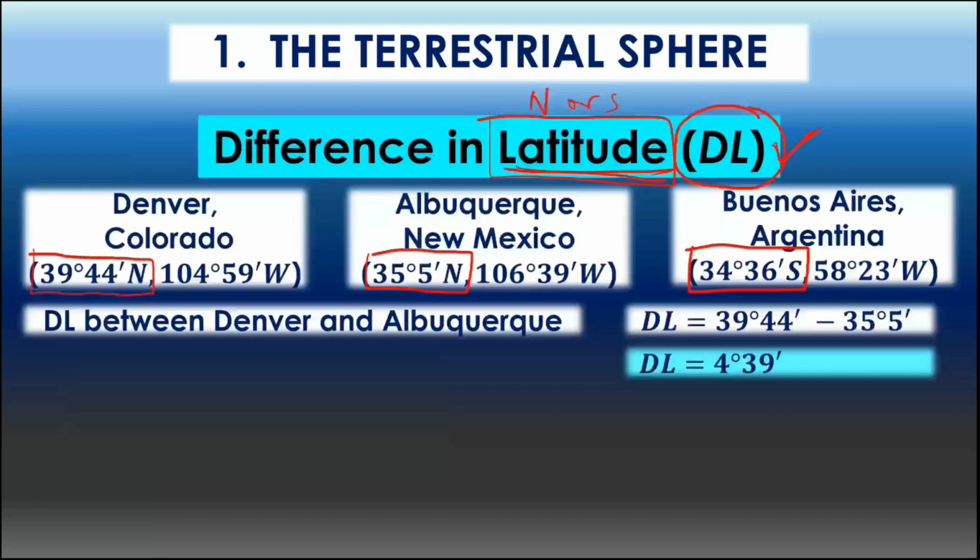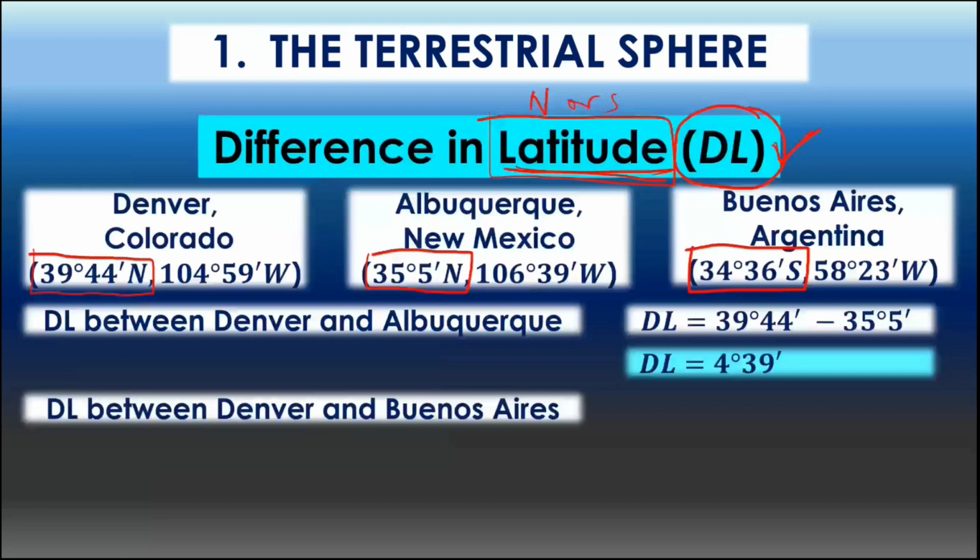Next, how about the difference in latitude between Denver and Buenos Aires? Looking at the latitude of Denver, it is on the north, and then Buenos Aires is on the south. So if the two latitudes are on different hemispheres, simply you're just gonna add the latitudes.